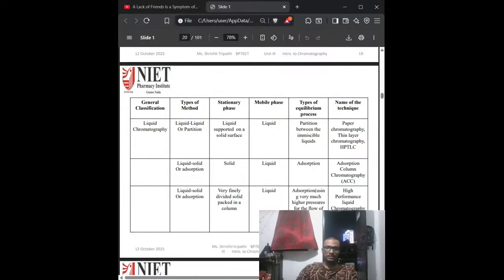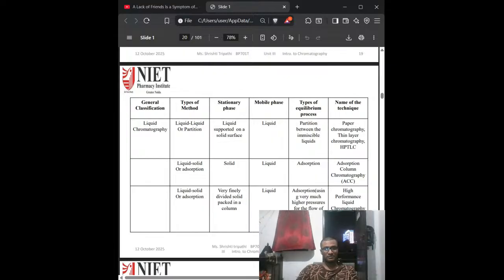General classification: liquid chromatography. Okay, liquid or partition, liquid solid or adsorption. Stationary phase: liquid supported on solid surface. Mobile phase: liquid.